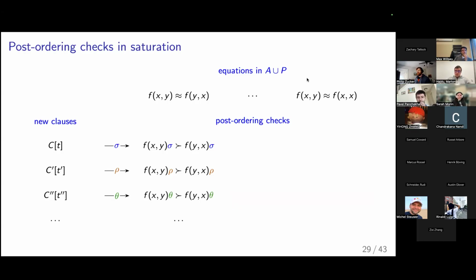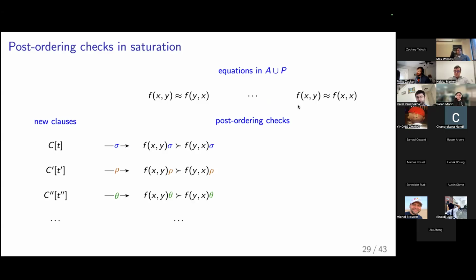And there can be also equations in the active or the passive set, other equations, and in particular we are interested in the equations that have the same left-hand side. For example, these two equations have the left-hand side f of x y.